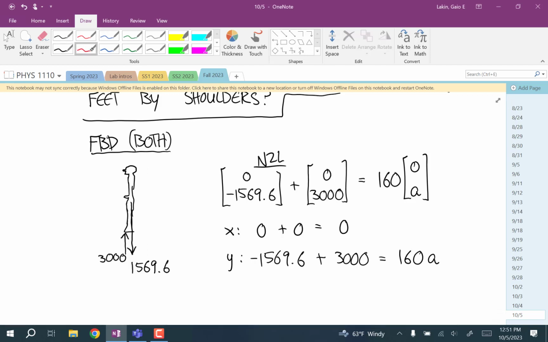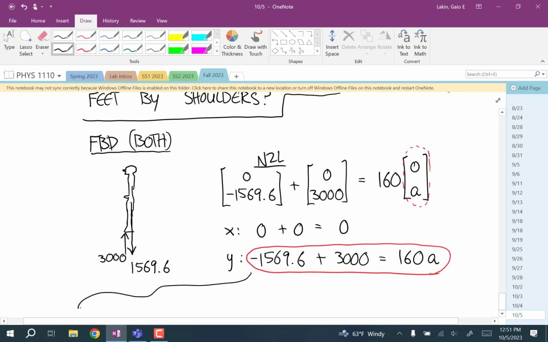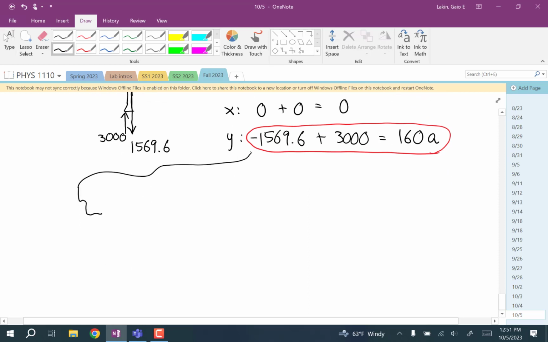We're trying to figure out the acceleration vector from this. So we're going to use this equation. So you get 1430.4, is that right? Yeah. 1430.4 is equal to 160A. And so divide 1430.4 by 160.